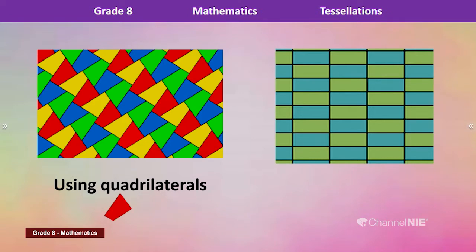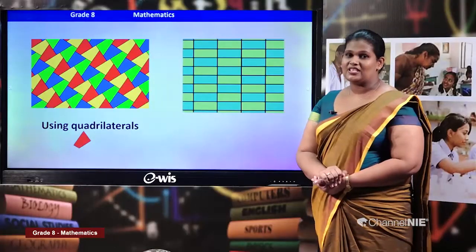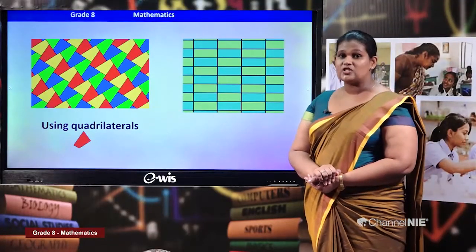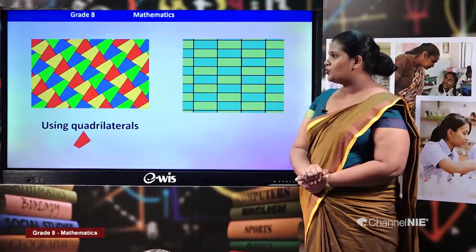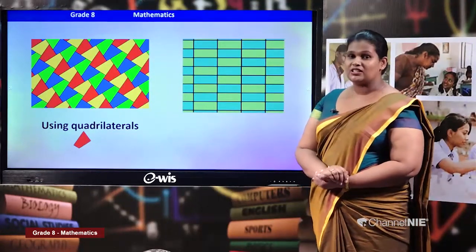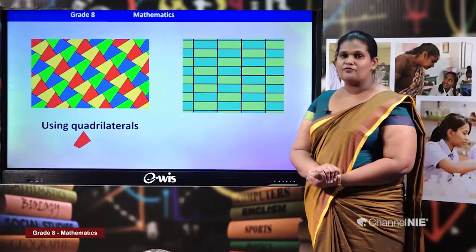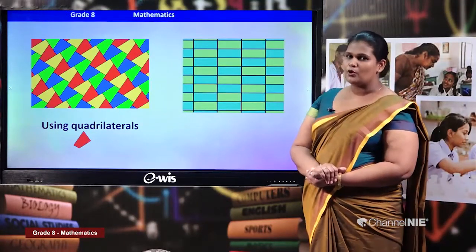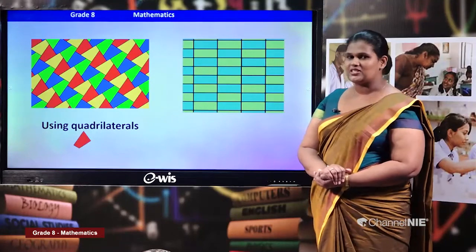There are quadrilaterals in blue color, there are quadrilaterals in red color, and some quadrilaterals are in yellow color and some are in green color. Isn't that so? Once again, we can consider it as a pure tessellation because they have used only one shape throughout the pattern. So, they have used only one shape, therefore, we can name it as a pure tessellation.